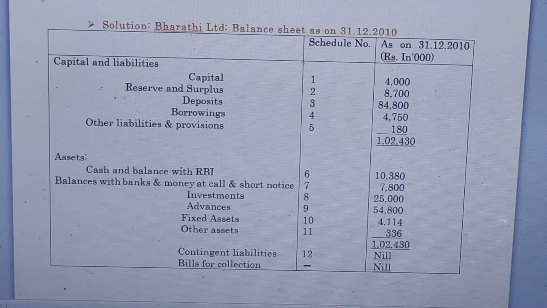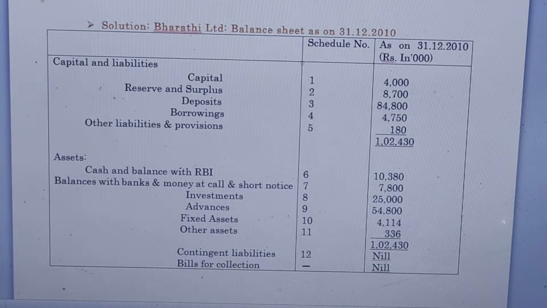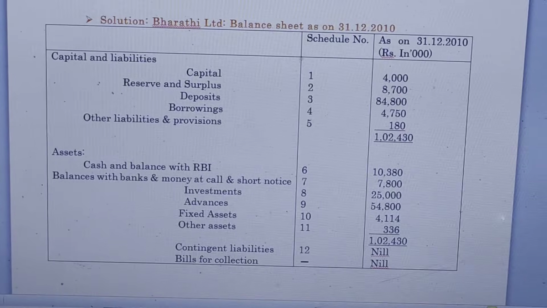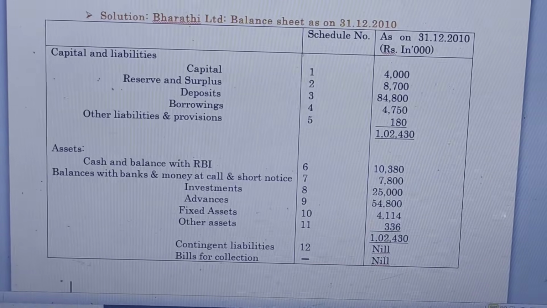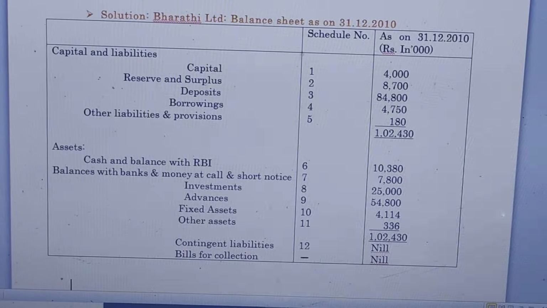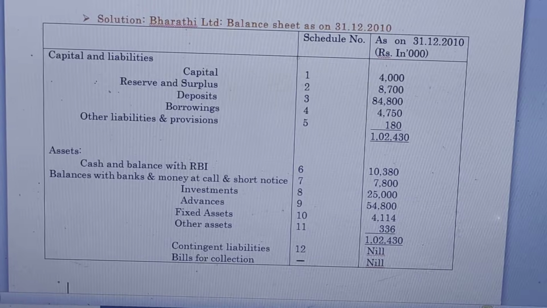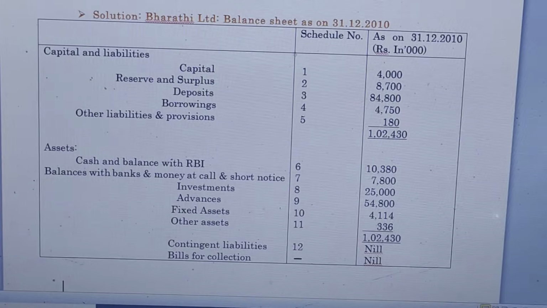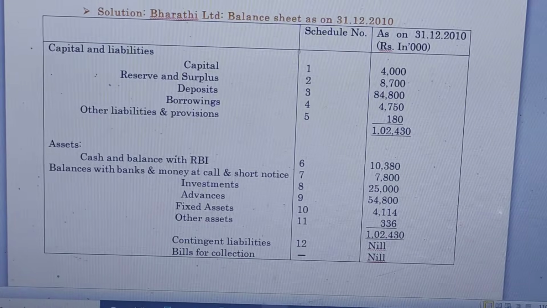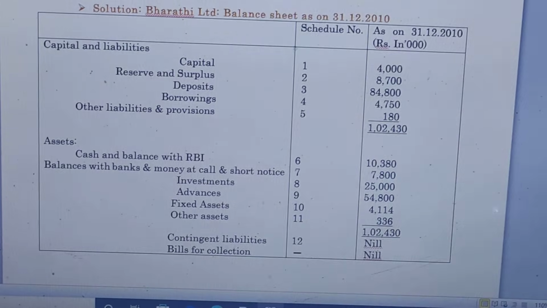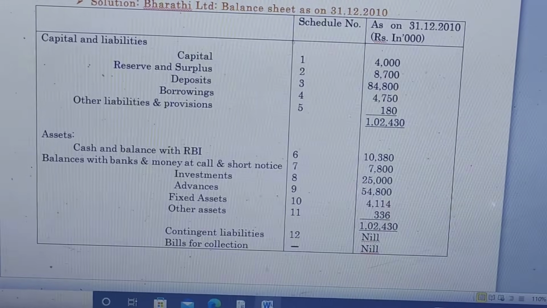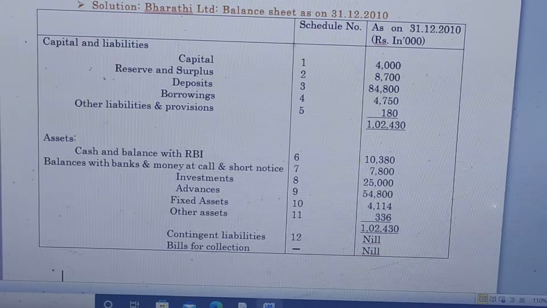Under assets we first mention cash and balances with the RBI. That is the schedule number 6 heading, mentioned in the schedule number column, and the schedule number 6 total is 10,380. Schedule number 7 heading is balances with banks and money at call and short notice, and its total is 7,800.